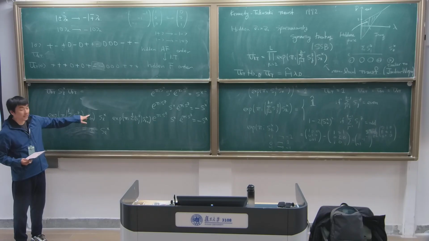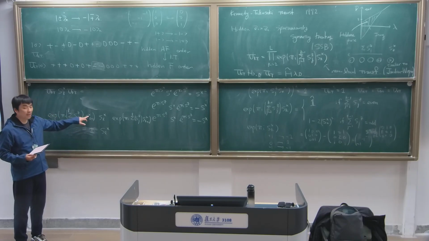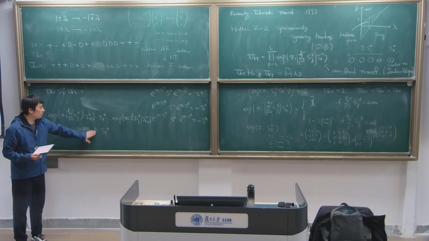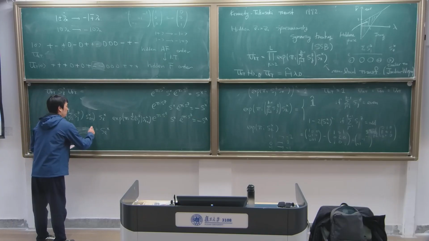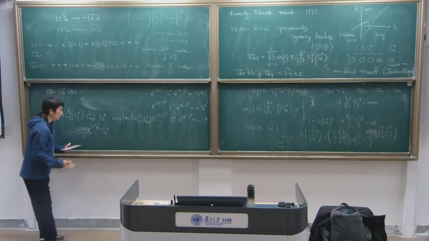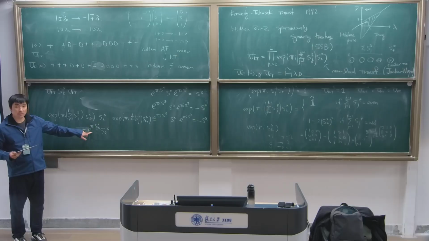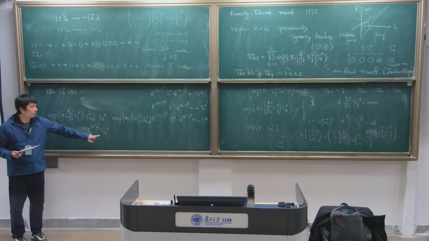Plus is when the S^x eigenvalue is 0. If the eigenvalue is plus or minus 1, you get the negative. So this can be replaced by e to the pi i S_{L+1}^x. If it is 0, it becomes plus 1. If it is plus or minus 1, this will become minus 1. So this is okay?